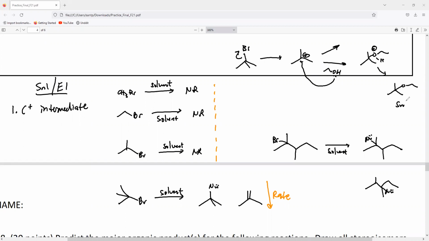So this would be our SN1 product. E1 would follow the majority of the same, it's just that at the end, what you get is an elimination. So that same alpha-beta stuff, just this time with the weaker base and with the carbocation. So for SN1E1, form your cation.